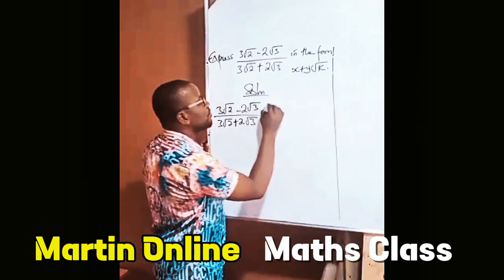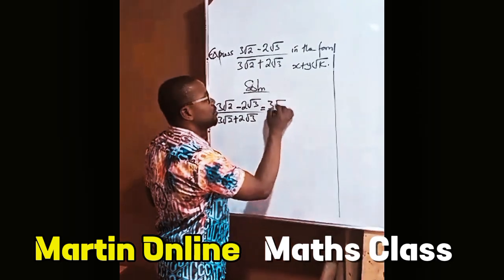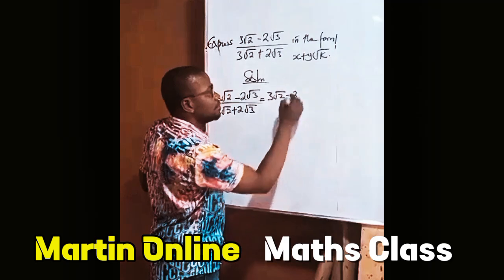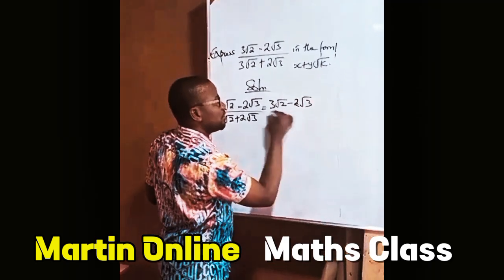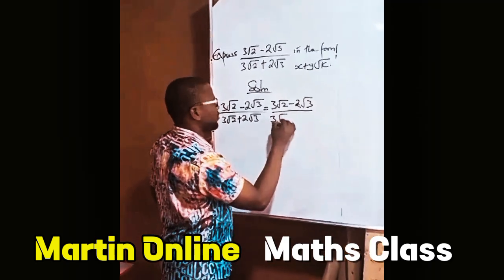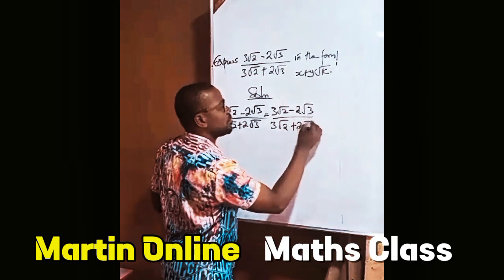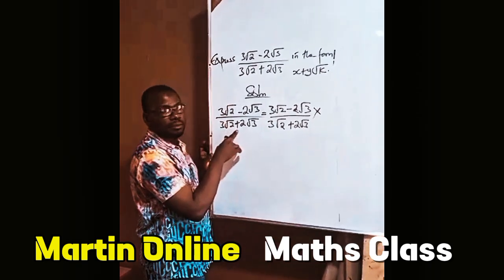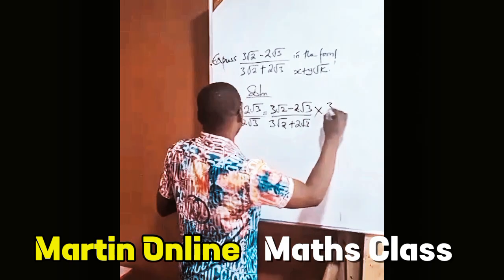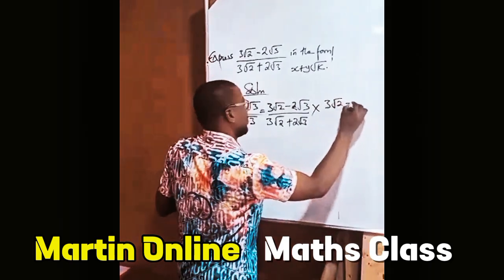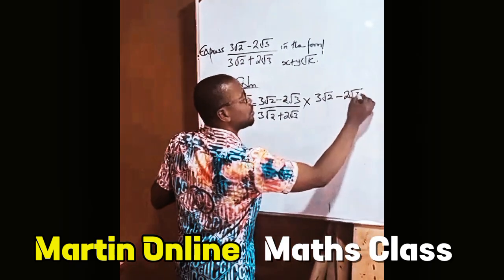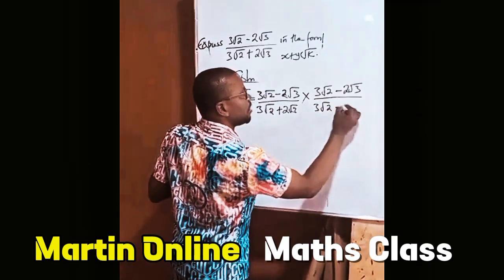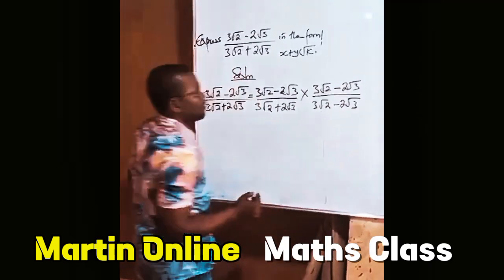So I will have (3√2 − 2√3) over (3√2 + 2√3), times the conjugate, which is (3√2 − 2√3) over (3√2 − 2√3).